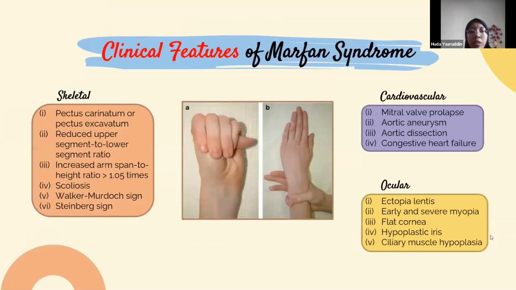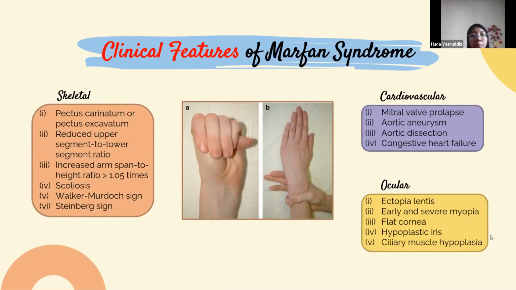Okay, we move to the clinical features. The first one, in the skeleton, we can see that the patient, especially a child, presents with pectus carinatum, which is the outward bulging of the sternum, or pectus excavatum, which is the inward bulging of the sternum. We can see this upon physical examination.